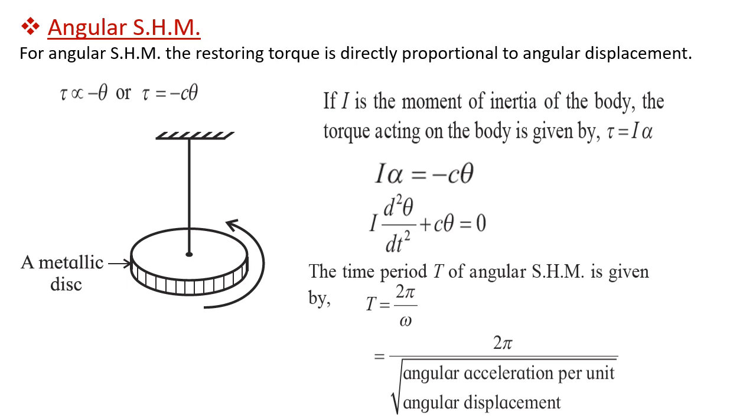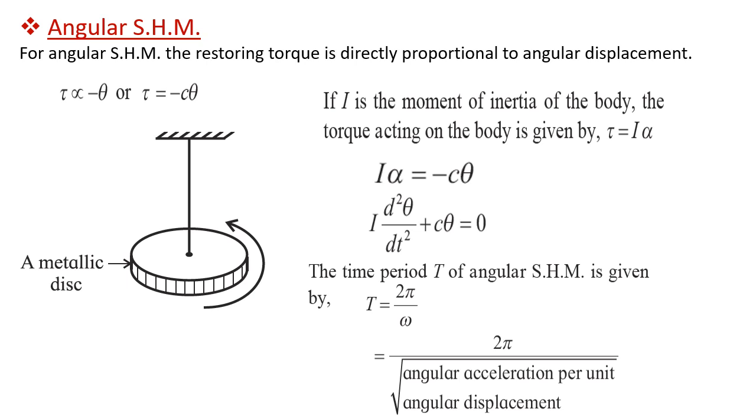So the necessary condition for angular SHM is that the restoring torque acting should be directly proportional to the angular displacement, and the direction of this torque should be opposite to that of the angular displacement.